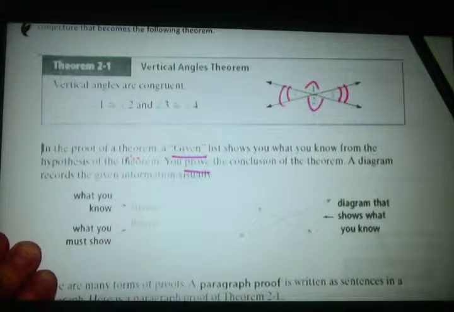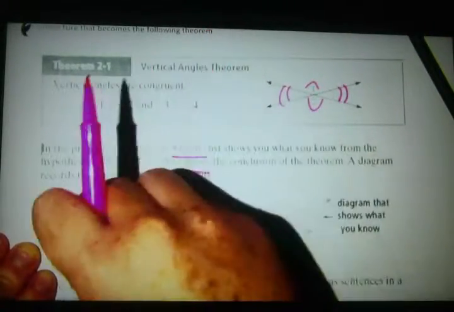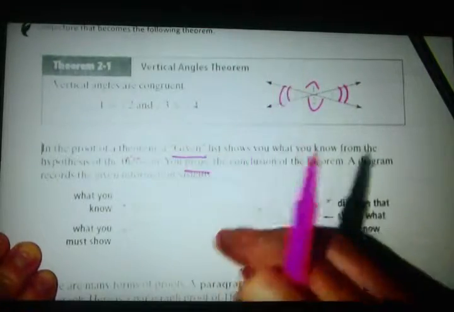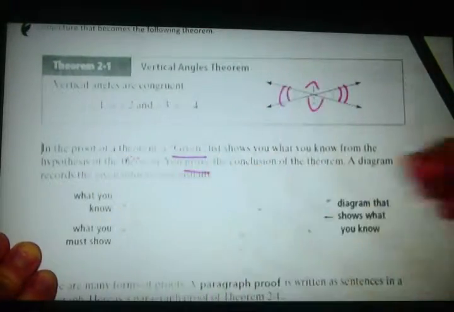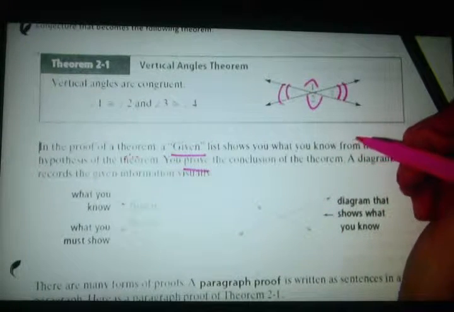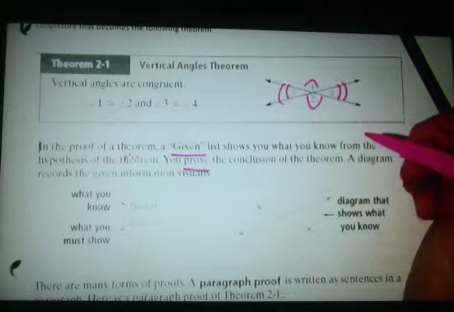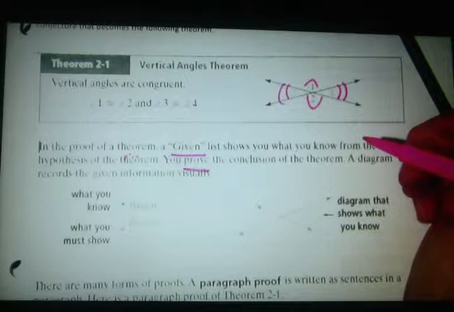A diagram hopefully is given to you so you can record the information visually. So here's the given, and that's what you want to conclude at the end. Sometimes you can make a diagram, or sometimes you have a blank diagram, or sometimes you have a fully labeled, marked diagram, which is awesome.